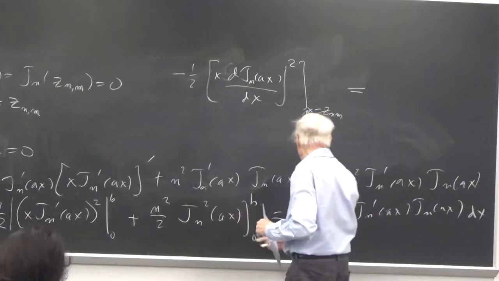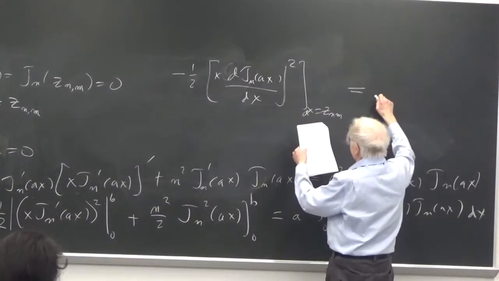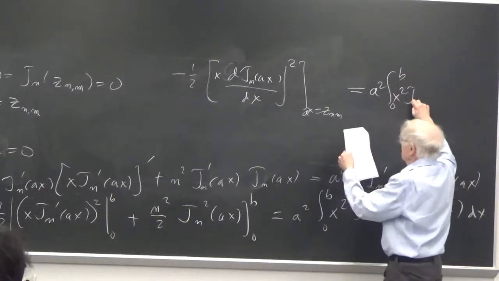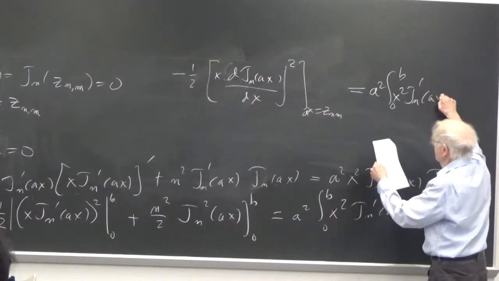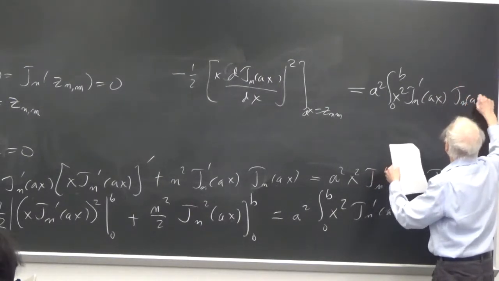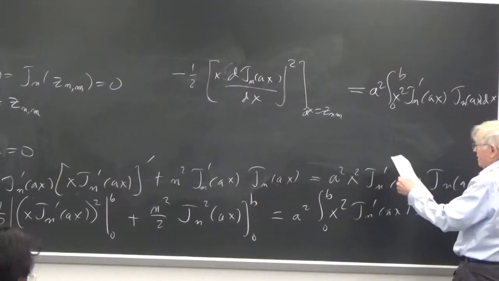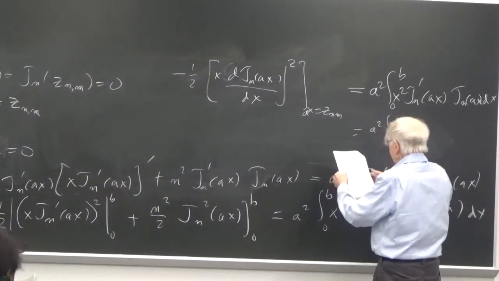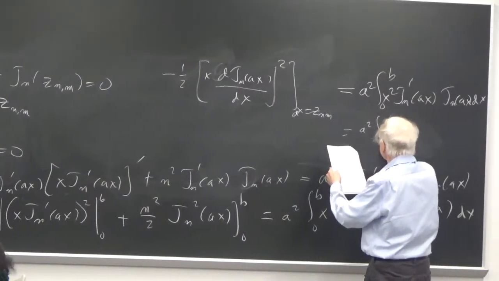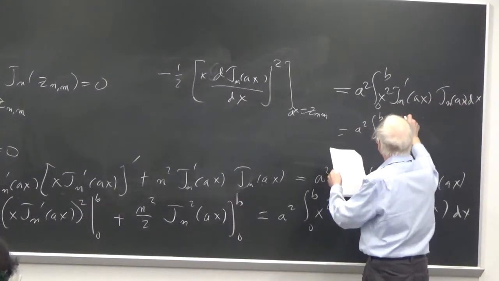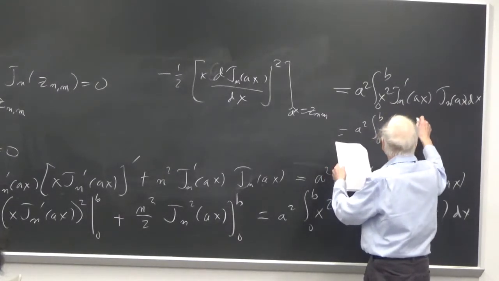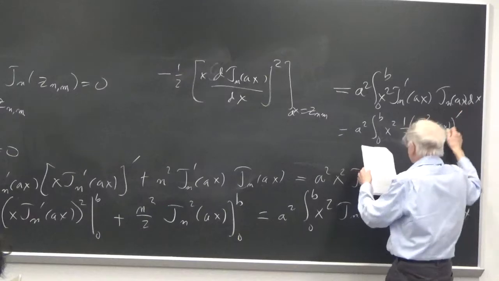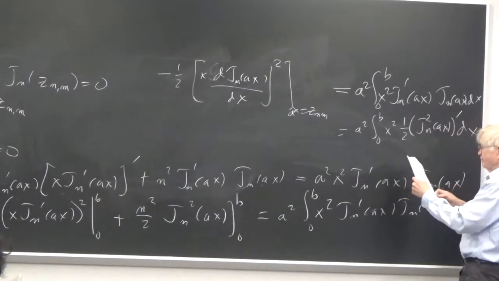That's that term. This vanishes, equals this. So we have then a squared integral 0 to b x squared Jn prime of ax Jn of ax dx. But that is a squared integral 0 to b of x squared 1/2 Jn squared of ax derivative dx.